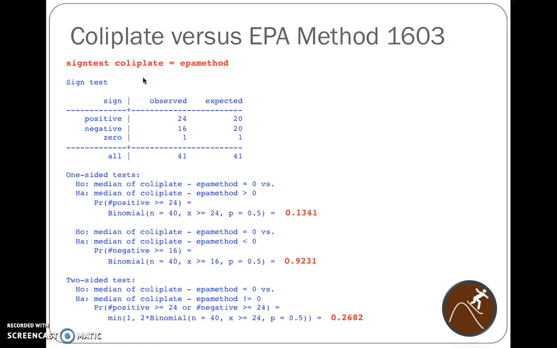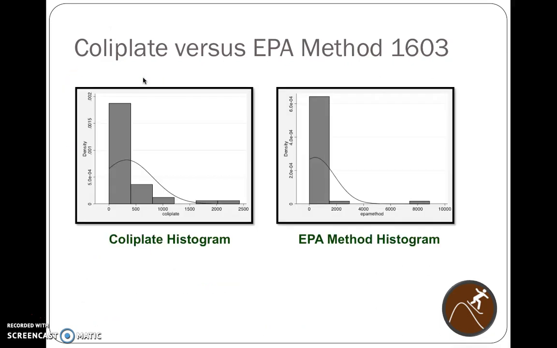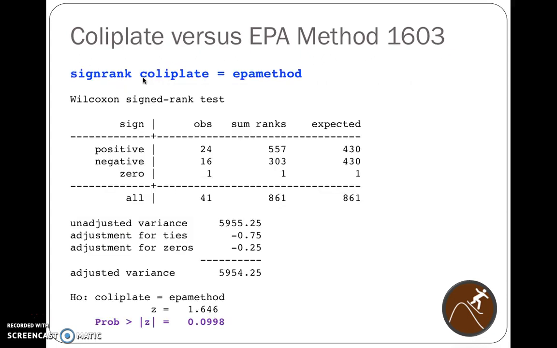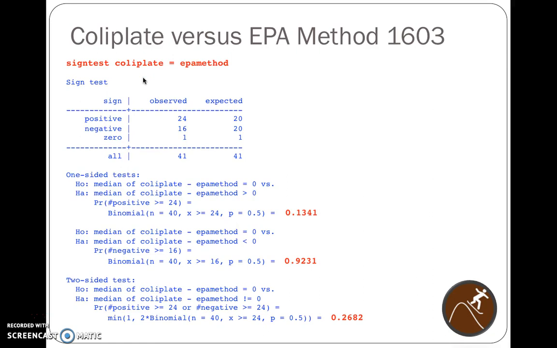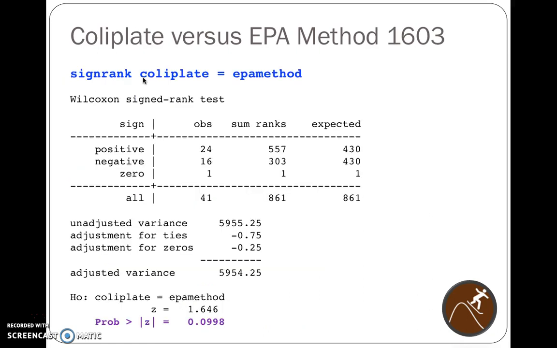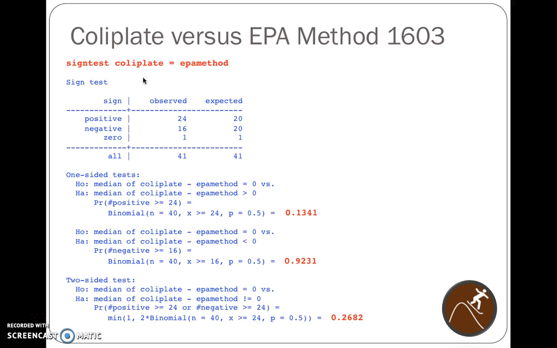If you think that they actually look different with regards to these shapes, and you think that the distributions are different in shape, then you can use the sign test. So that's the signed rank test, the sign test. And the sign test, Coliplate equals EPA method, gives us these one-tailed tests, saying that one's higher than the other.